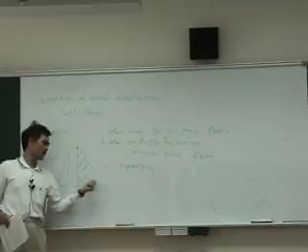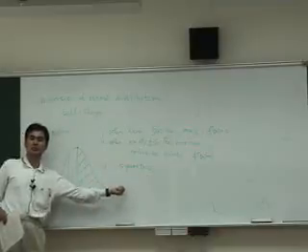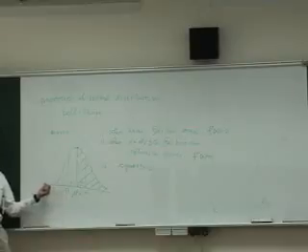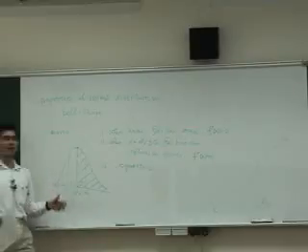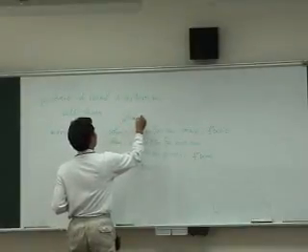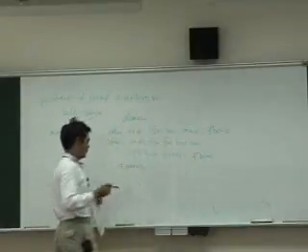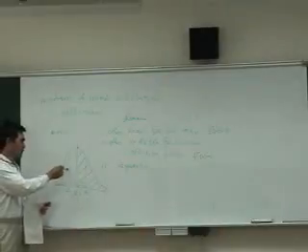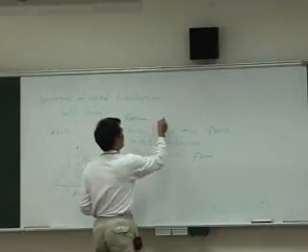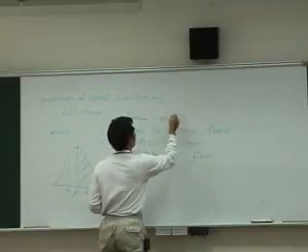It is getting closer and closer to infinity, and here it is getting closer and closer to negative infinity. So the domain for the normal distribution is from negative infinity to positive infinity.